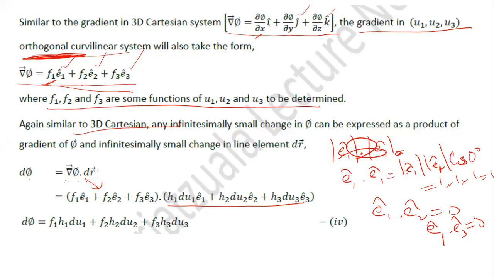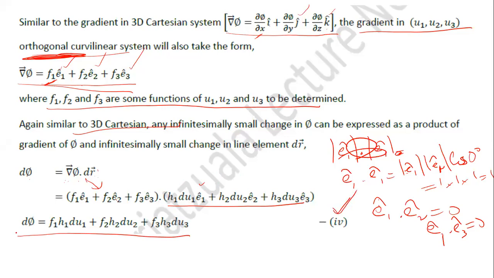So taking a dot product, e1 dot e1 is 1, e1 dot e2 is 0, e1 dot e3 is 0, and similarly e2 dot e2 is 1, and the rest of the dot products will be 0. So when you do that, for your d phi, any change in phi, you will get this expression, as in equation number 4.